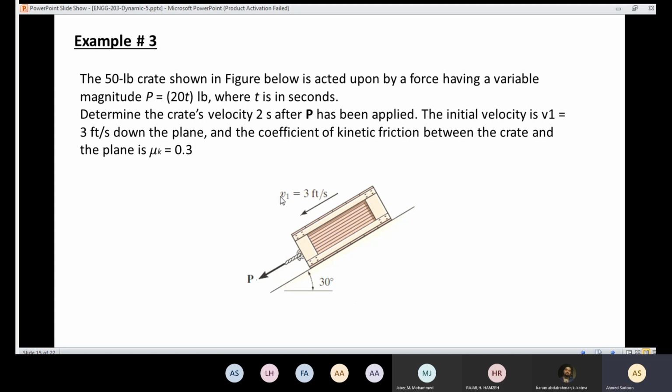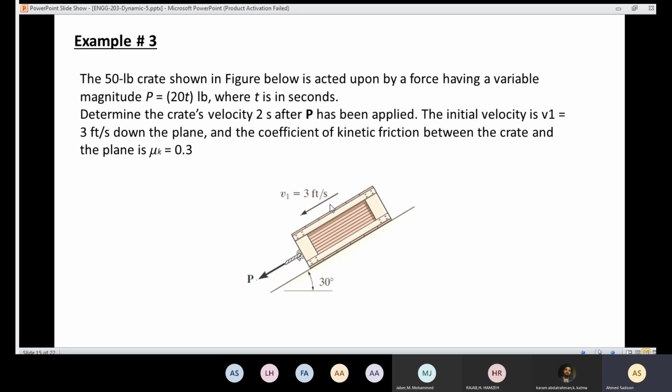They also give us the coefficient of kinetic friction between the crate and the plane, which means this time we are going to have frictional forces. So in this example, we have a variable magnitude of P that depends on the time, we have frictional forces, and we have an inclined plane.